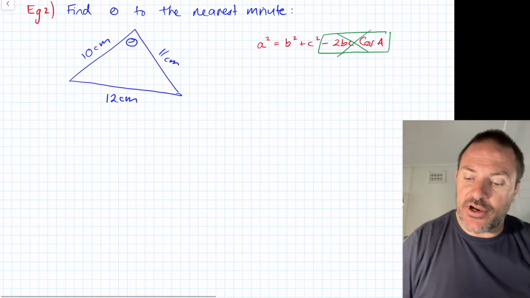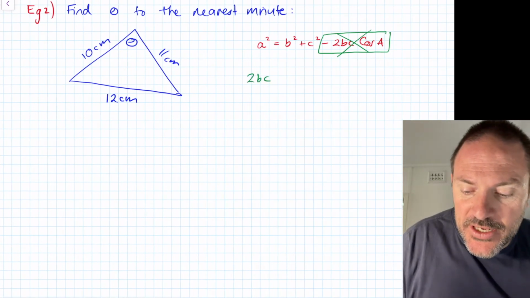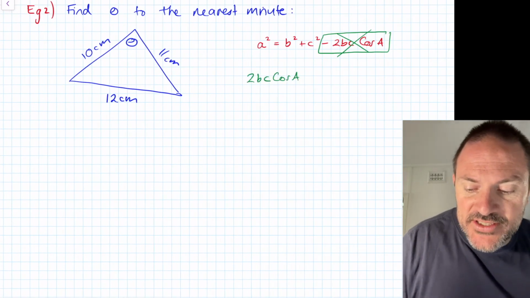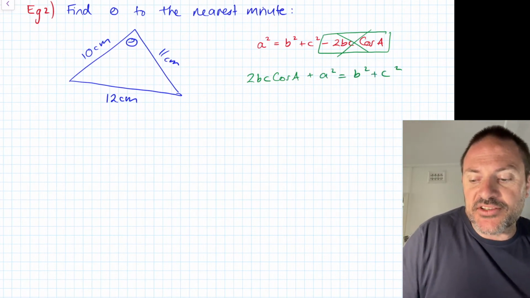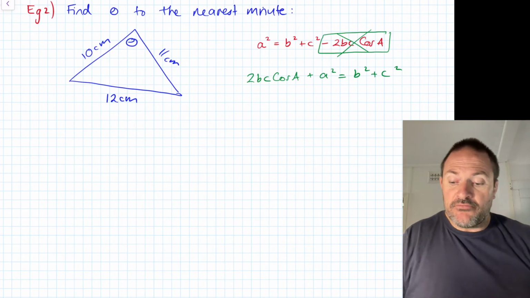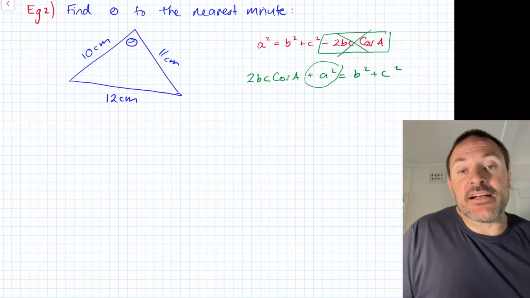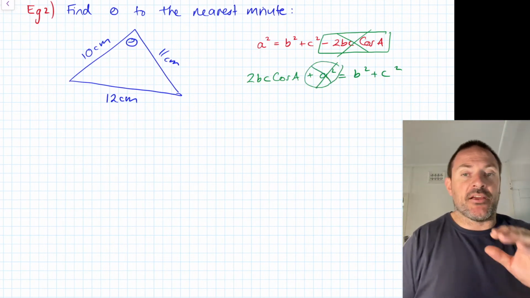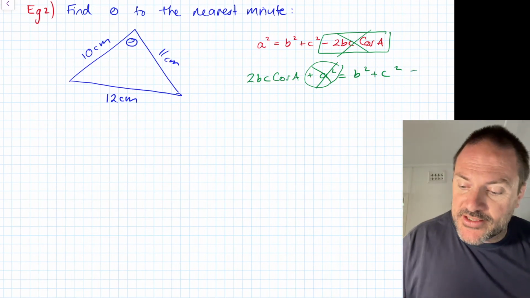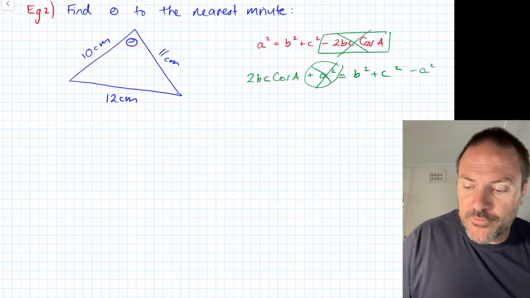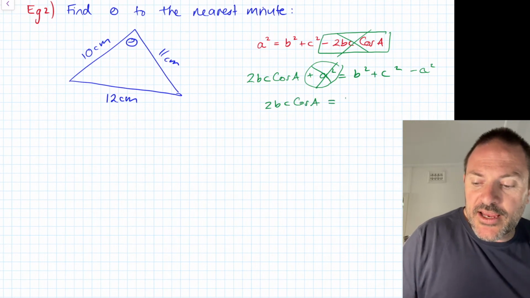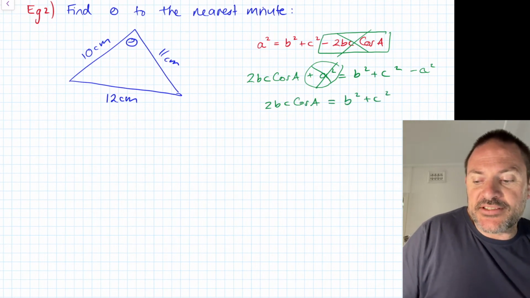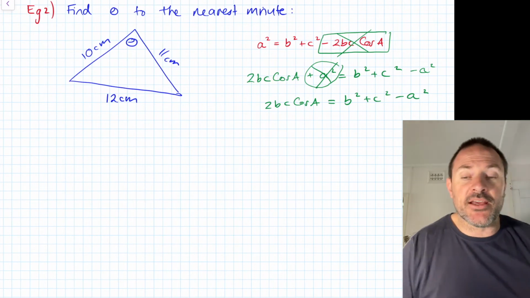Okay, add it to both sides, which means I get 2bc cos A plus A squared equals B squared plus C squared. Okay, so now I'm going to get rid of this plus A squared by subtracting it from both sides. So I'm going to take it across there. So I'm going to get 2bc cosine of A equals B squared plus C squared minus A squared, okay?